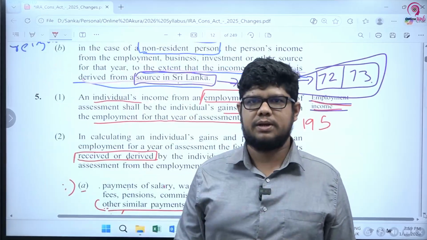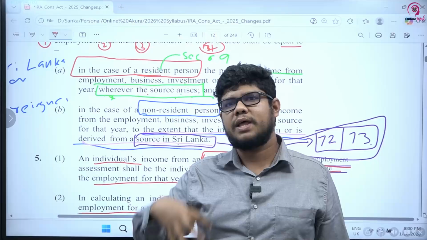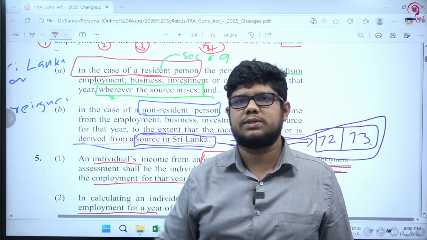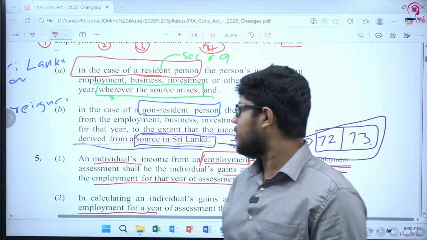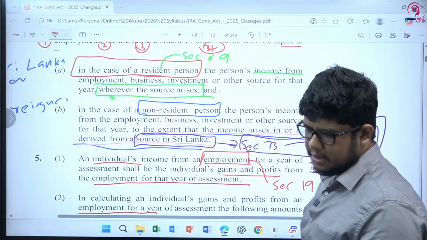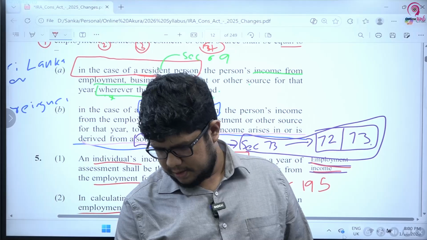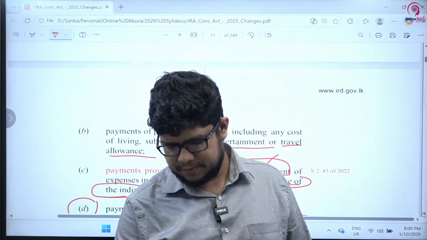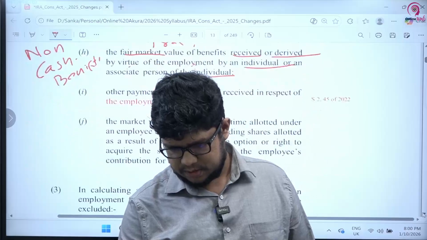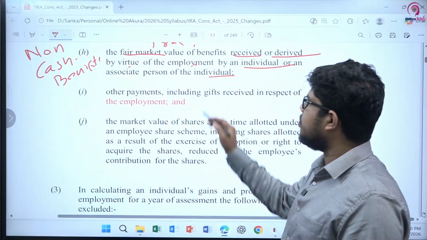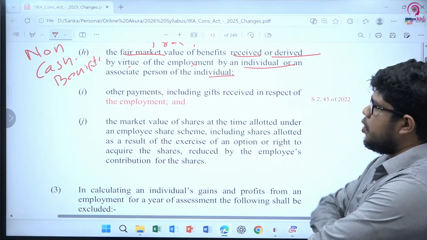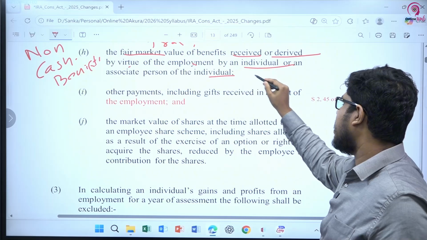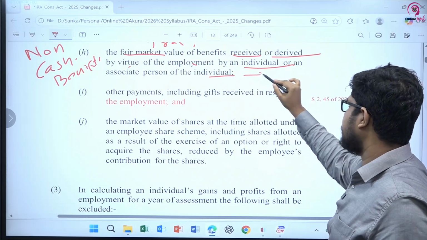Or you have been given a bungalow or house, or you have been given some fuel for your vehicle. Likewise, there are many non-cash benefits. These non-cash benefits also come under employment income, right? Non-cash benefit. So there is a separate guideline.